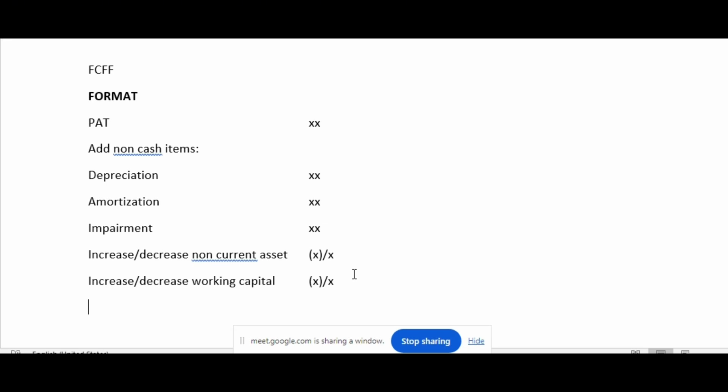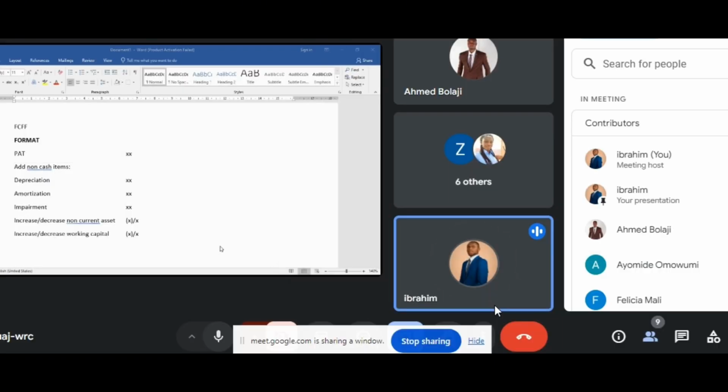Now, this is all you need to do. Please, class, in every question, whether ACCA or ICAN level, profit after tax may not be given in a question. You may be the one to determine the profit after tax. You know how to determine profit after tax. Depending on the industry, maybe it is a manufacturing company, you will have your revenue, the cost of sales, the gross profit.